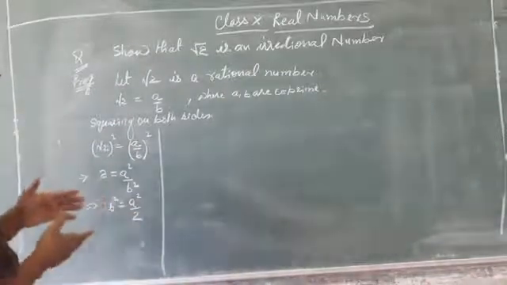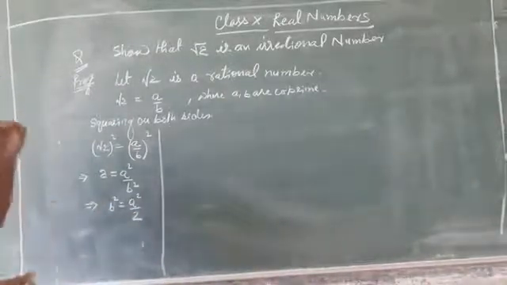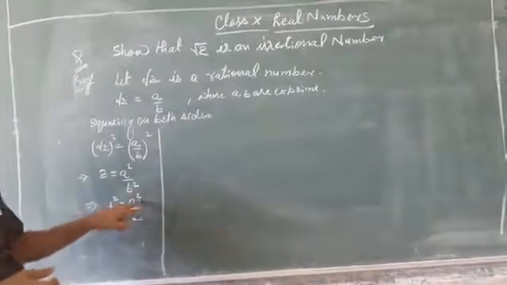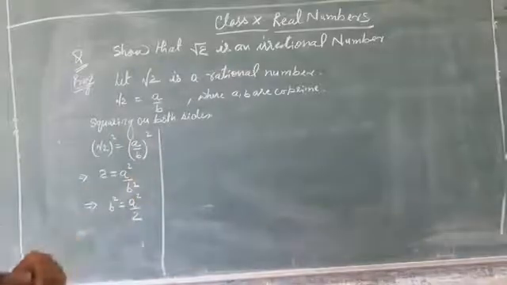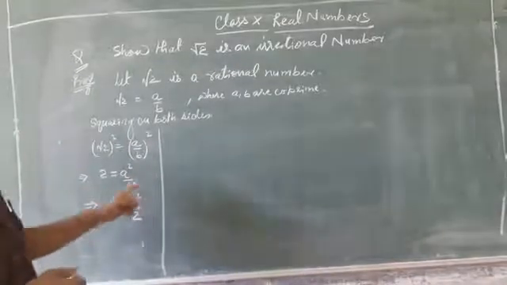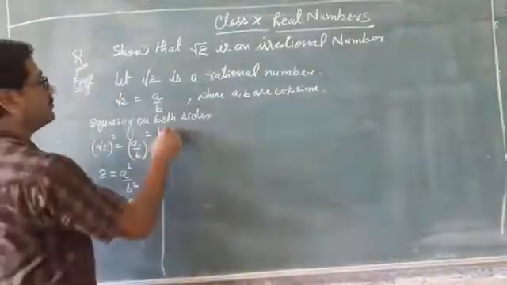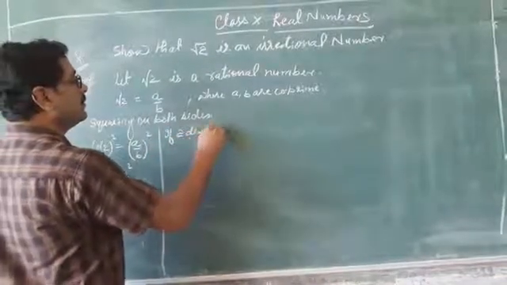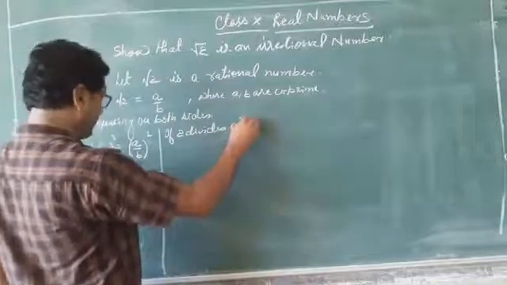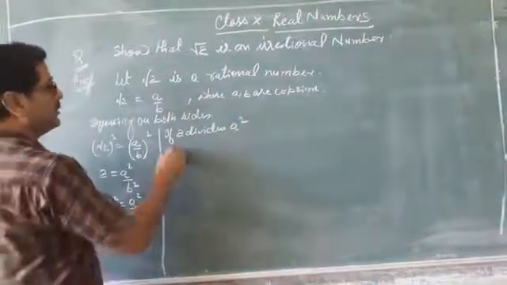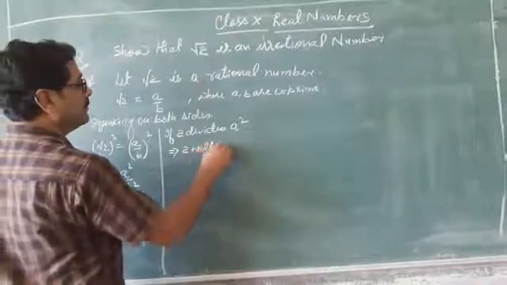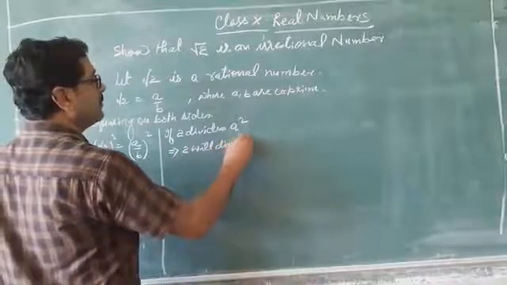We know there is a theorem: if any number divides the square of a number, then it will divide the same number. This means if 2 divides a squared, then 2 will divide a.